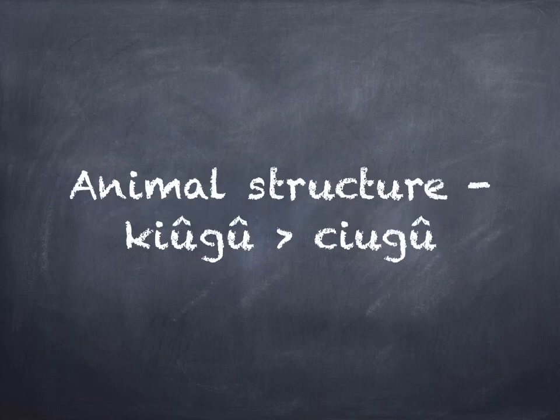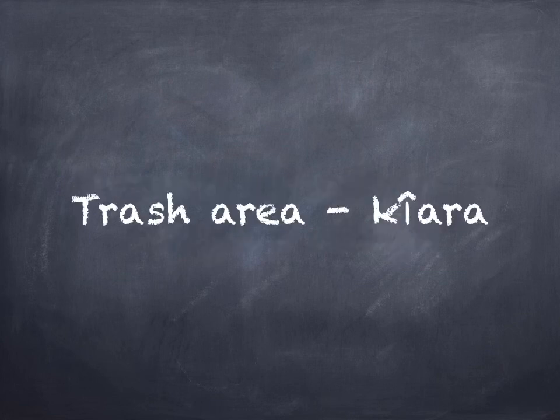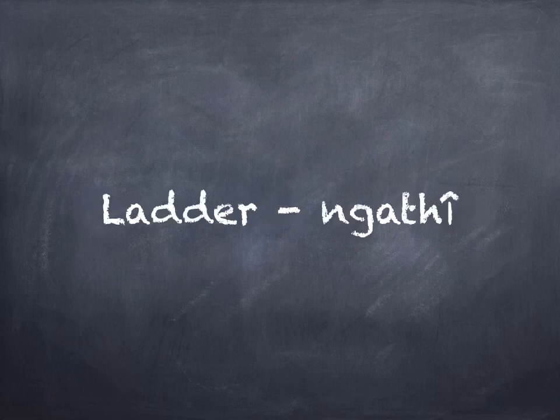Some animal structures known as siugo, when there are many, and kiugo when it's just one. In a rural setting, then you most likely find kiara, which is the trash area. A ladder known as gadi.